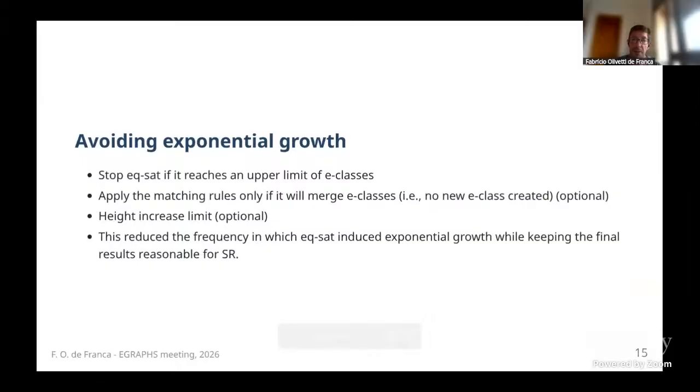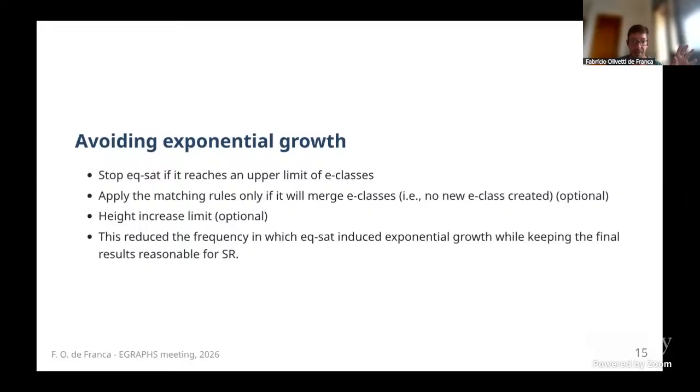So another thing that I implemented was the application of the matching rules only if it's causing a merge in E-classes. So if the application of a rule is going to expand or insert new nodes, it's not applied.